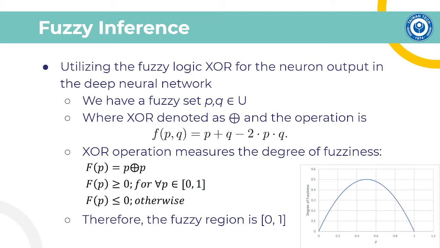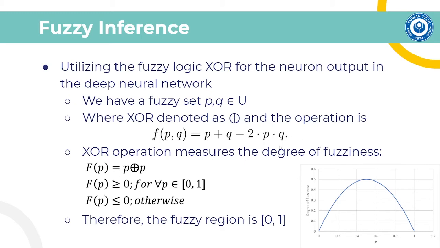For the fuzzy inference in the neural network, they utilize the fuzzy logic XOR as the neuron output in the deep neural network. This is an example of the XOR operation for two elements P and Q. To find the result of the XOR operation for P and Q, we can use this equation.